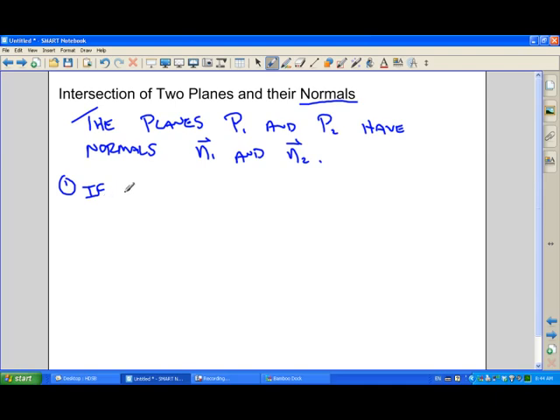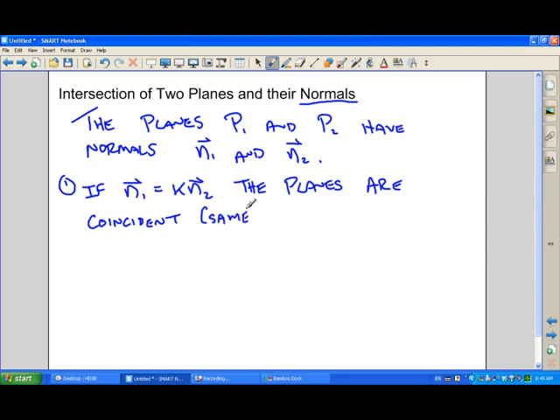If the normals are scalar multiples of each other, then we can conclude that the planes are either coincident, or the same, or they're parallel.